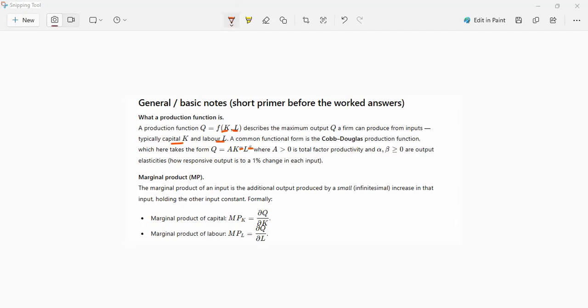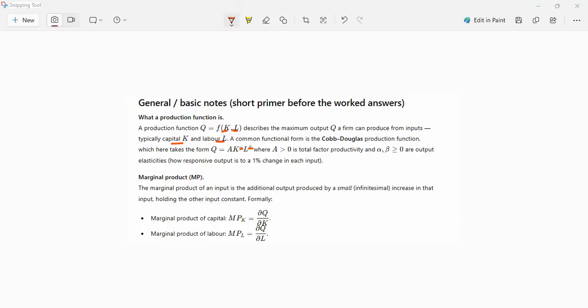And beta is the output elasticity of labor, which measures the percentage change in output from a 1% increase in labor. So in simple terms, it tells us how much output we get when we change our inputs in terms of labor and capital. So now let's go to our marginal product, MP.